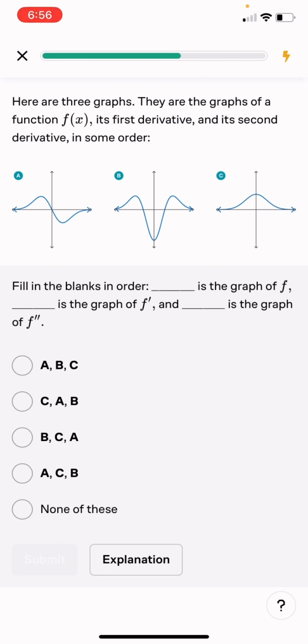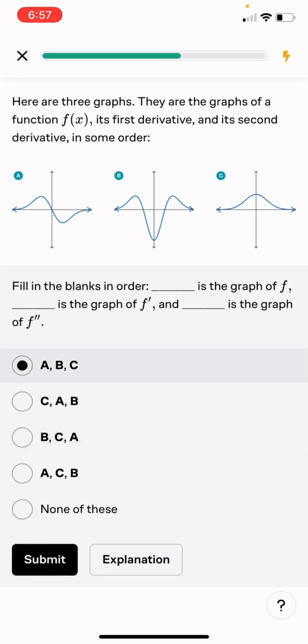So f prime would be the exchange of it. So I bet it would be A, C, B. C, A, B. I knew B was going to be the last. I was thinking of it first, but it just seems like it would connect to another part of the graph.